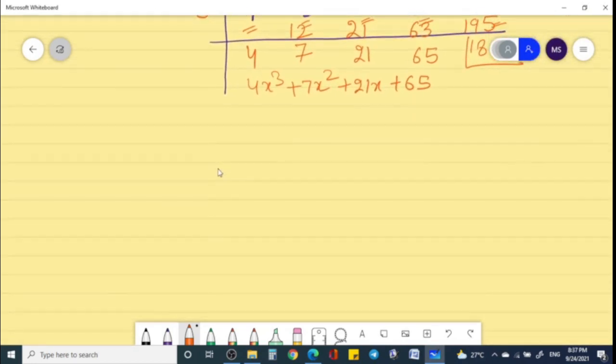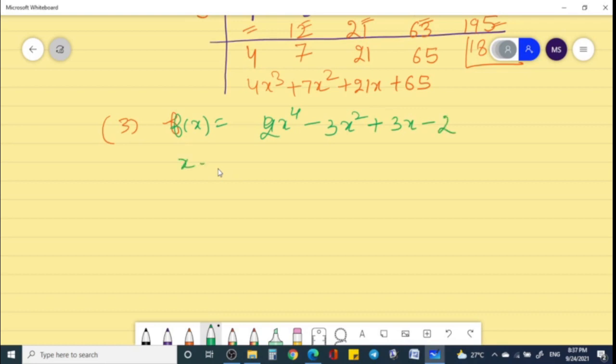Now I will take another example. This will be the last example, the third one. If f(x) is 2x^4 minus 3x square plus 3x minus 2, and we wish to divide by x plus 2.